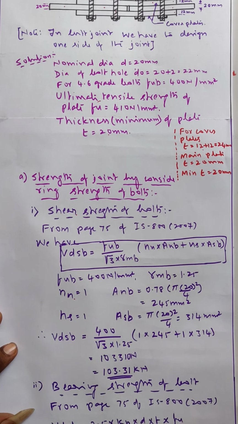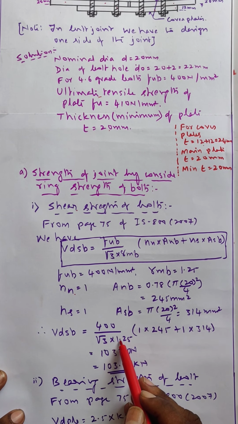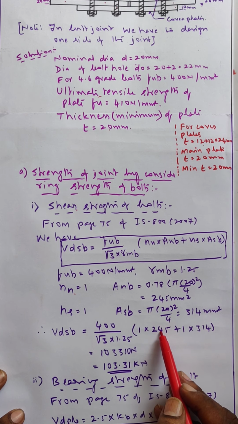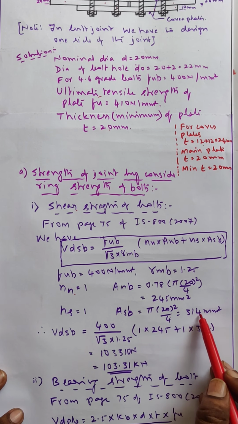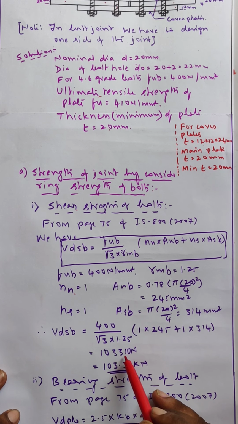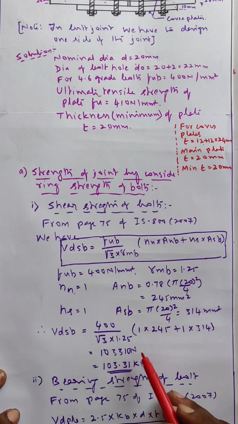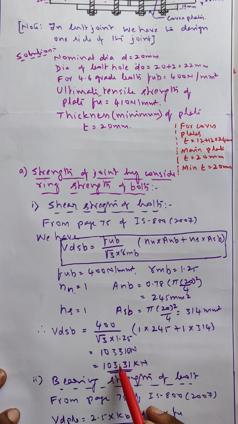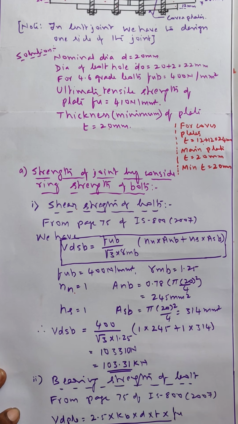From this we can calculate what is the value of shear strength of the bolt. 400 divided by root 3 into 1.25 into 1 into net area ANB is 245 plus 1 into 314 millimeter square. From this we got the shear strength is 103310 Newton. If you convert this by dividing by 1000 to get in kilonewton, it is 103.31 kilonewton.